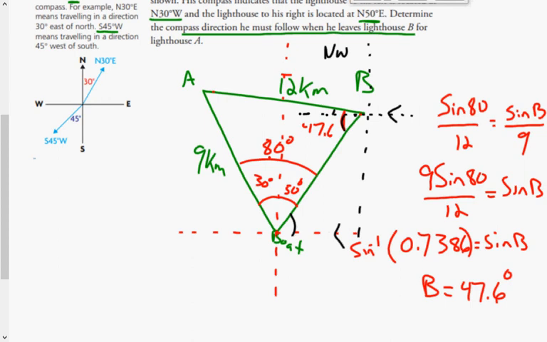Now if I know that this part here is 50, and this total angle has to be 90, 90 minus 50 is 40 degrees. So I know that this here is 40 degrees. So if that's 40, and this total part over here is 47.6, this angle here then would be 7.6 degrees.